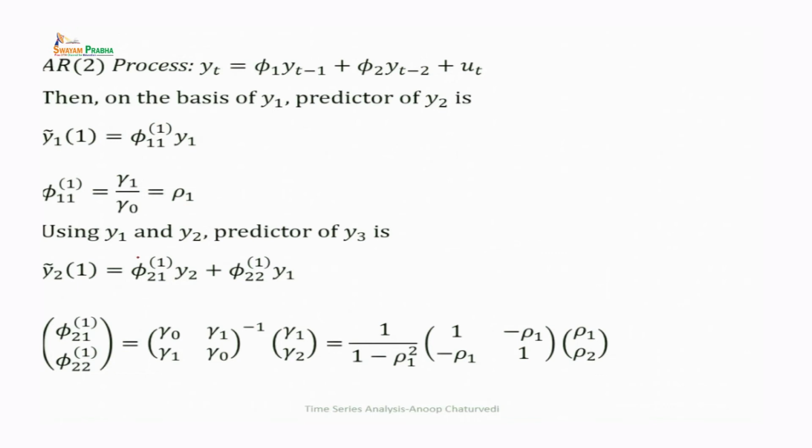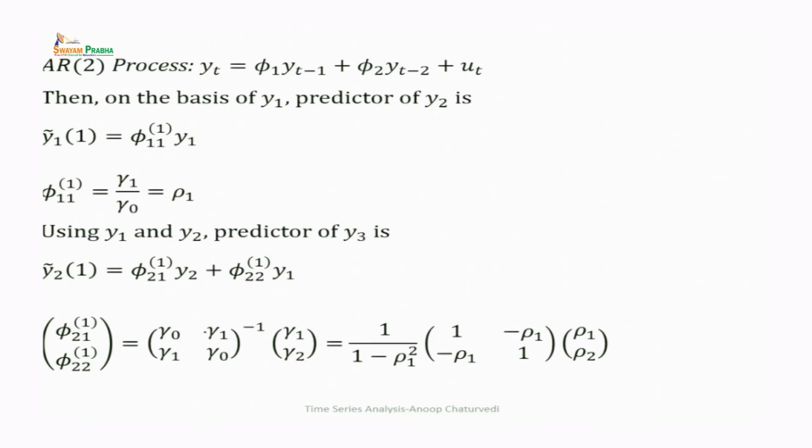Now, suppose you have two observations and you want to predict y 3. So you have y 2 curl 1 equal to phi 2 1 y 2 plus phi 2 2 1 y 1. Again, you can obtain this vector by applying the same formula, with gamma n inverse for n equal to 2.